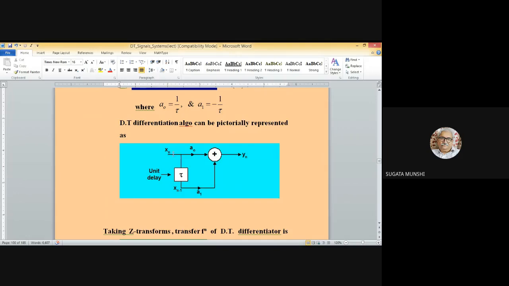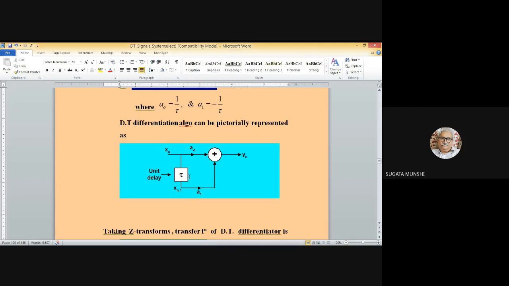At n equal to 1, you have x1 here, you have x0 here. So x1 is multiplied with a0 retrieved from some memory location, x0 is multiplied with a1 retrieved from some memory location, and these two products are added to get y1. In a similar manner, at n equal to 2, you have x2 here and x1 here. So x2 into a0 plus x1 into a1 will give you y2. In this way, the computation will go on.